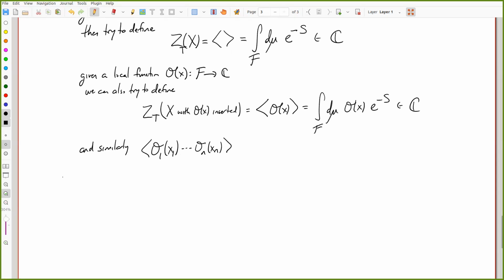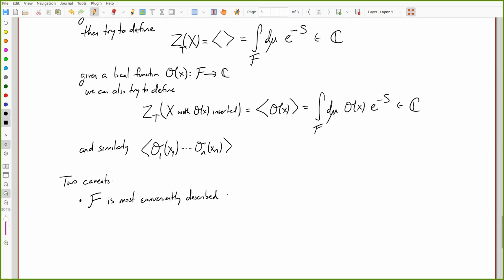Apart from the infinite dimensional nature of the story, there are two other little caveats that I should at least mention. One is that in this particular field theory, I said that F is the space of all fields. Calling it a space is maybe not the best thing. You'll see when I tell you what the space of fields is, but as an abstract statement, F is most conveniently described not just by giving a space in the ordinary sense.